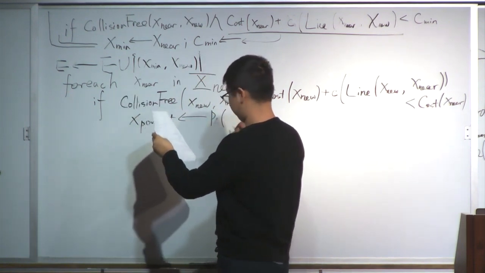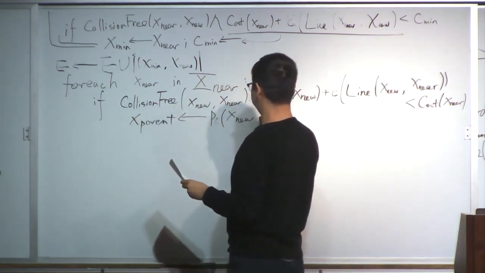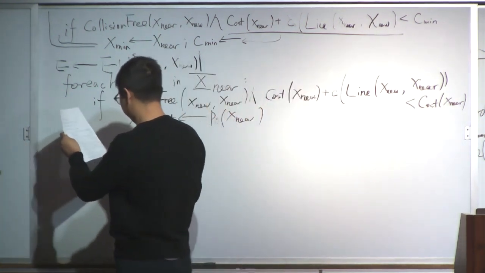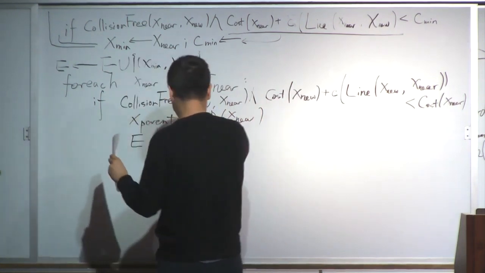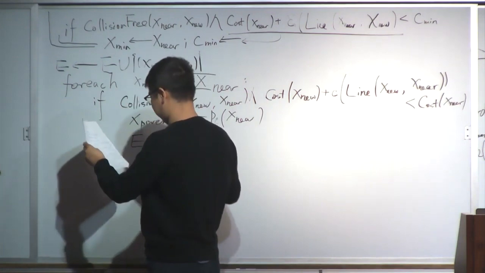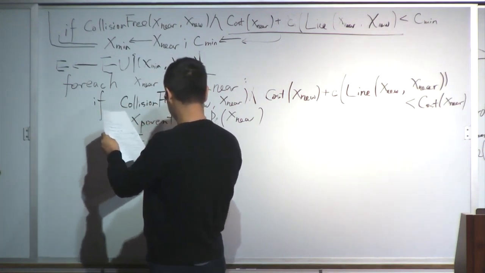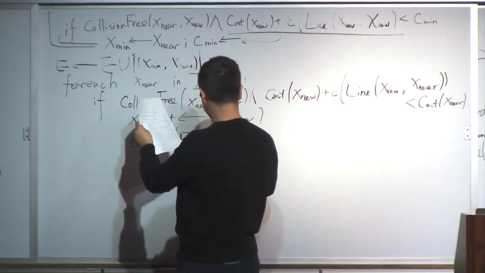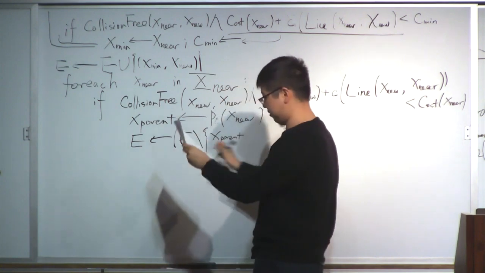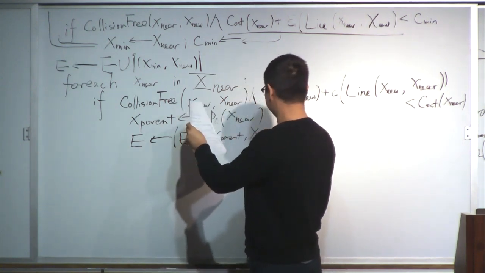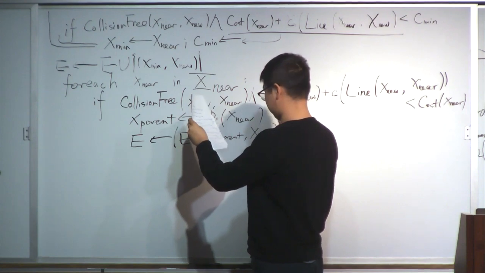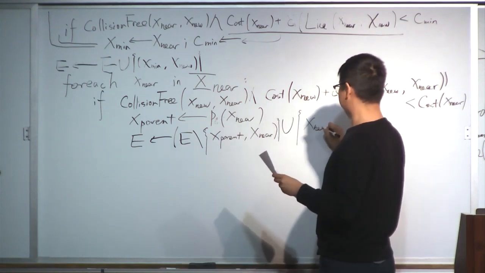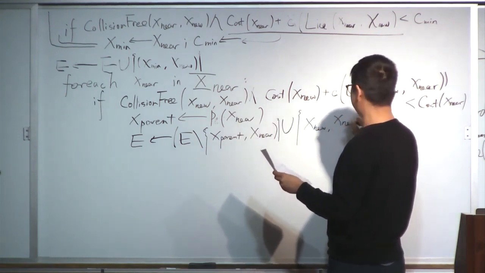Let's just do p x near. So p x near is finding its parent, and we want to remove this parent because it is worse than x new. So we want x new to be its new parent or its new connection. So this is removing x parent to x near. And we want to add x new and x near.